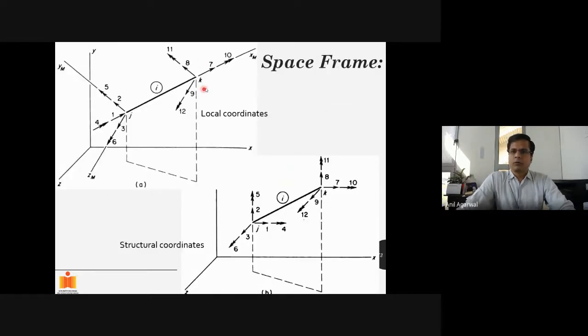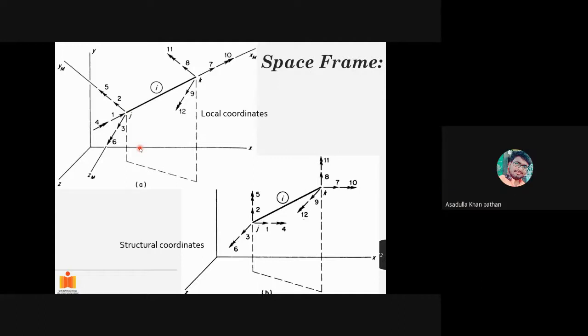Fine. Moving forward, now we will go to space frame problems. How are space frames different from space trusses? For a space truss, we had only 3 degrees of freedom at each joint. Agreed? So a space truss had only 3 degrees of freedom, 1, 2, and 3. But a space frame would have how many degrees of freedom at each joint? 6.